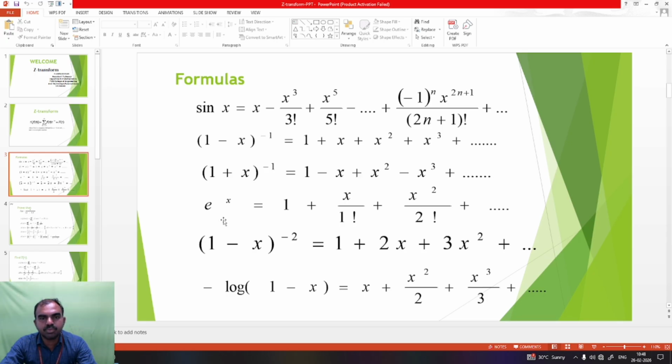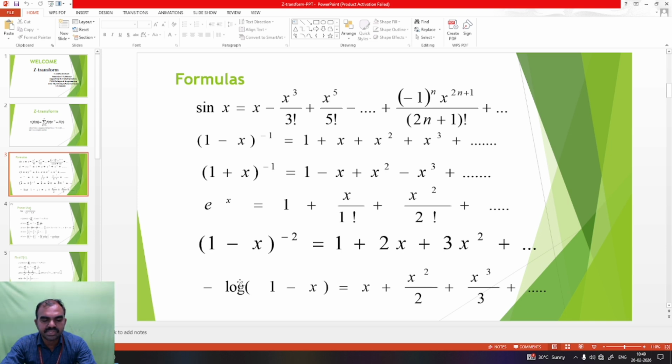E power x, the exponential function, is 1 plus x by 1 factorial plus x square by 2 factorial plus x cube by 3 factorial, and it goes on. Then another formula, 1 minus x the whole power minus 2: both signs are minus, so all the terms are positive. The formula is 1 plus 2x plus 3x square plus 4x cube, and it goes on.